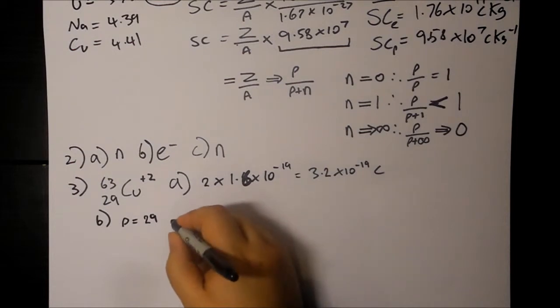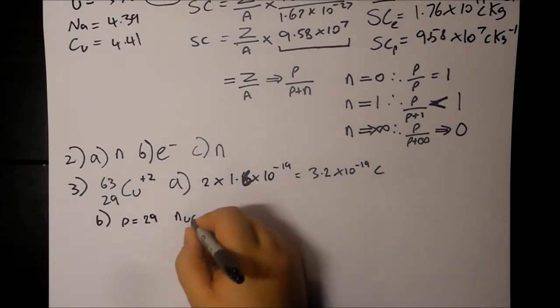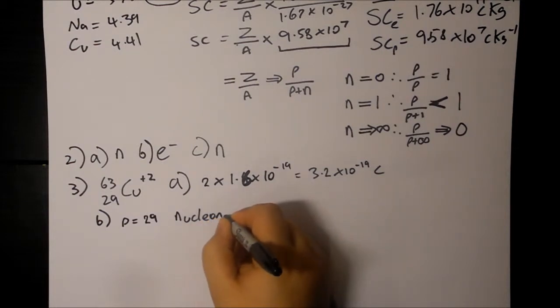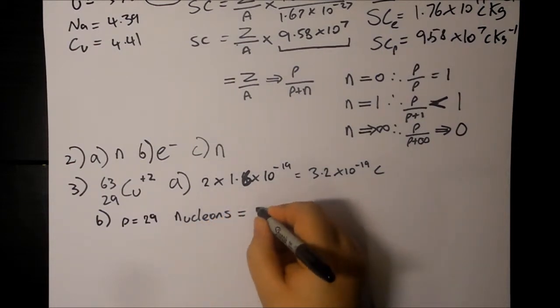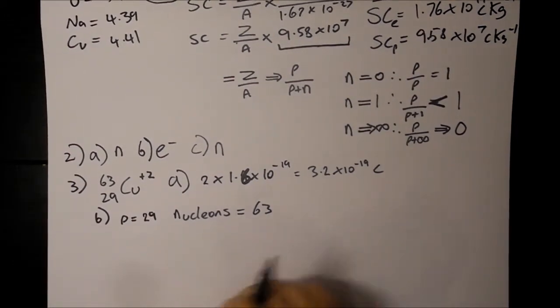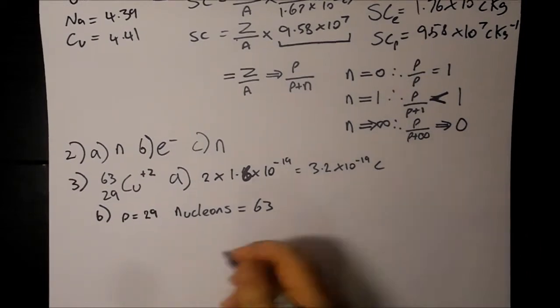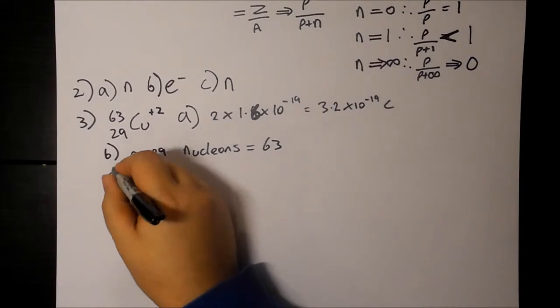That's given to us as well. So the nucleon number is 63. So the number of nucleons it contains is 63. You don't even have to do a calculation there. That easy.